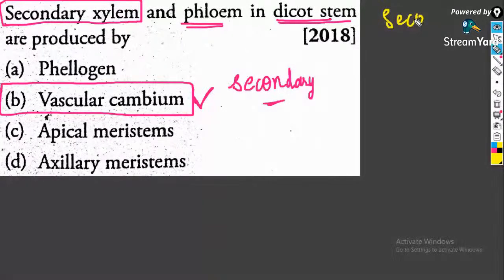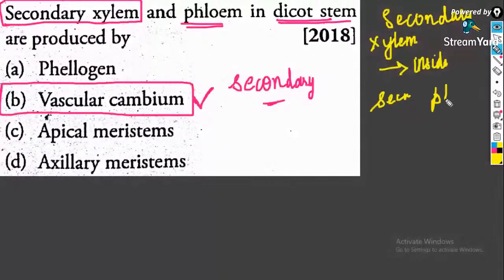You studied about this in the chapter in detail, right? Secondary xylem is formed towards inside and secondary phloem is formed towards outside.